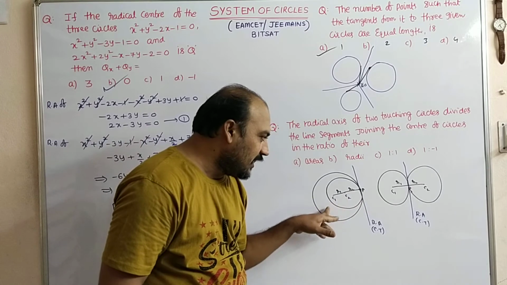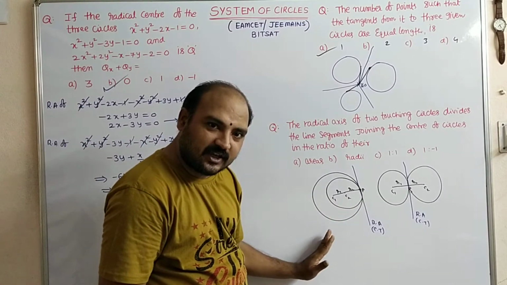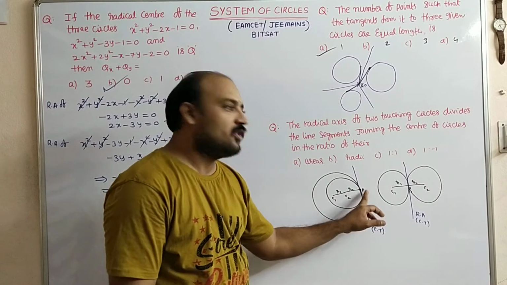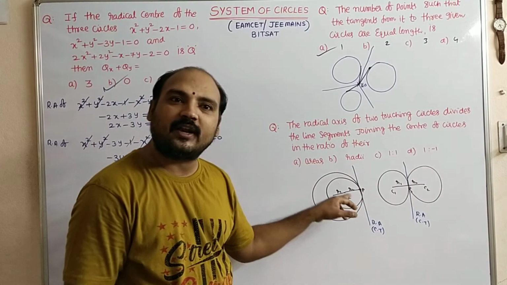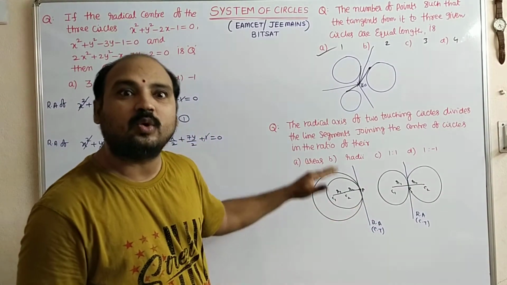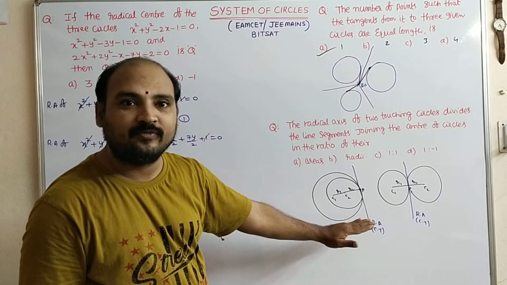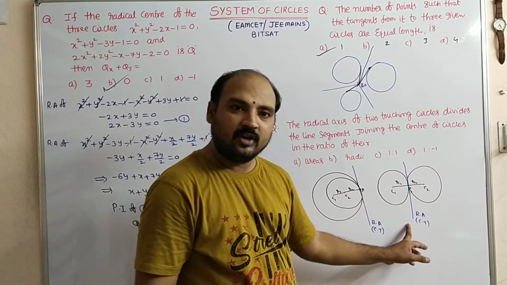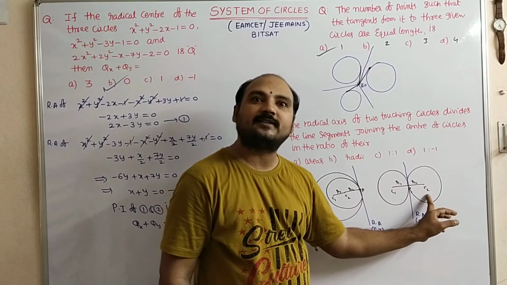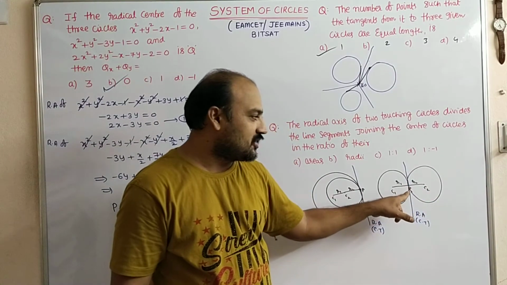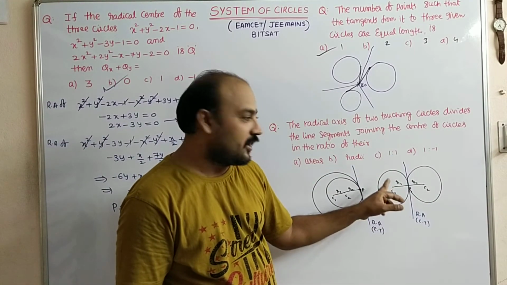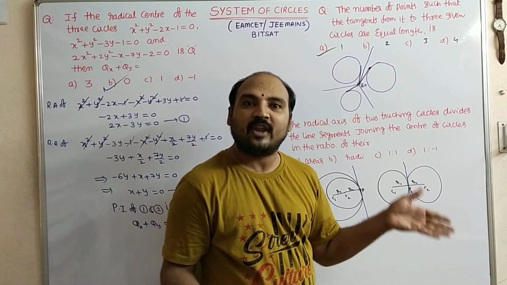The radical axis of two touching circles divides the line segment joining the centers of the circles. If we consider internal touching, the point P, the point of contact of both circles, divides C1C2 in the ratio R1:R2 externally. When the circles touch each other externally, the point of contact P divides the line of centers internally in the ratio R1:R2.